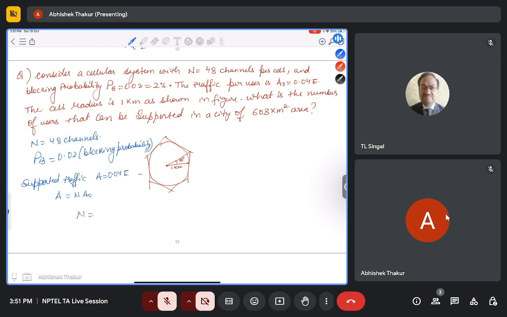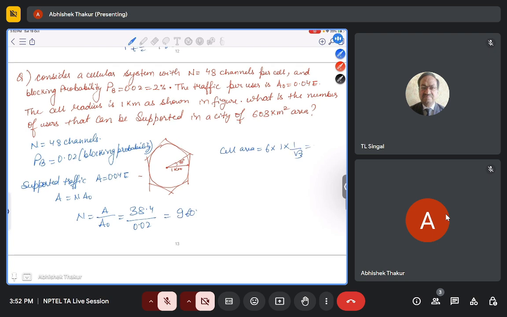So N is equal to A by A naught, with A given 38.4 and A naught given 0.04, is equal to 960. Now cell area is equal to 6 into 1 into, this is 1 kilometer, 1 by root 3. So this is the complete area of the cell, that is 3.46 kilometer square.